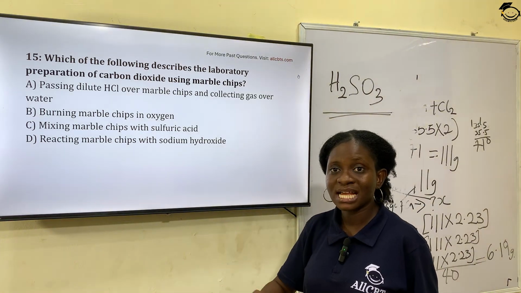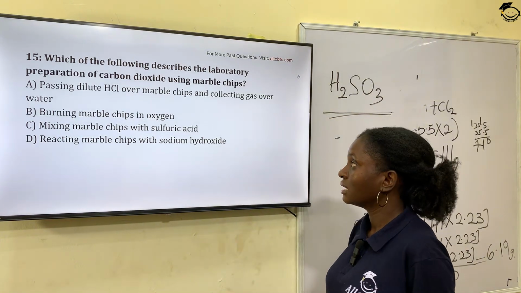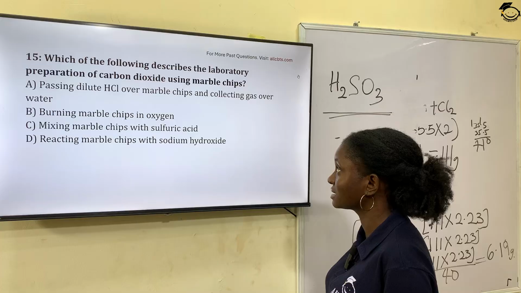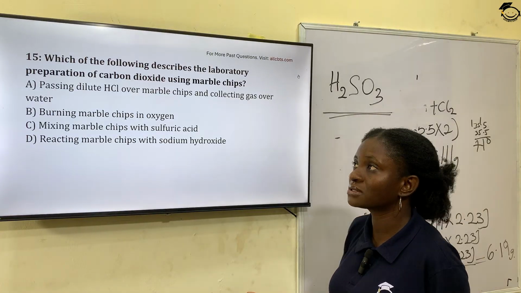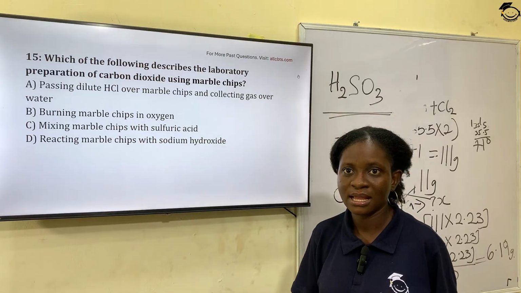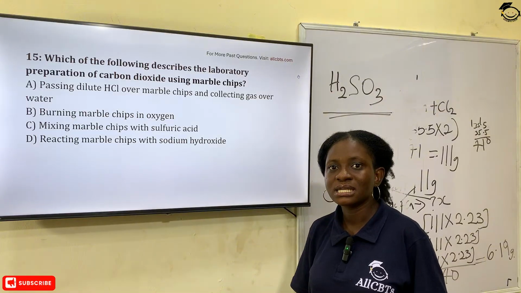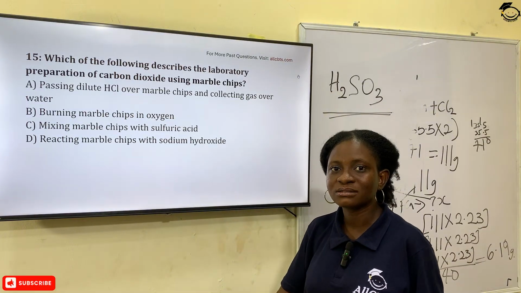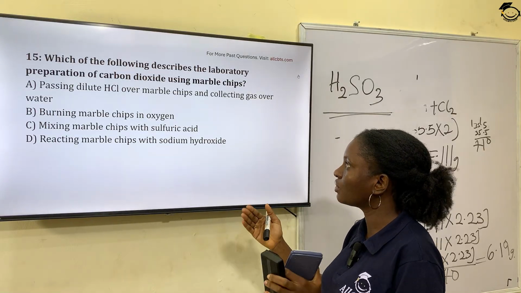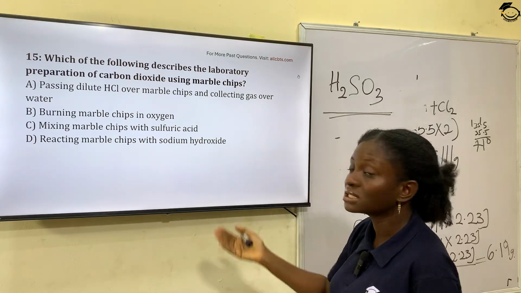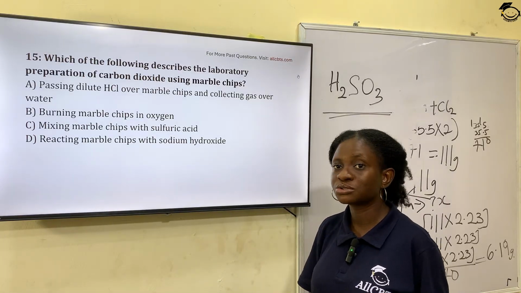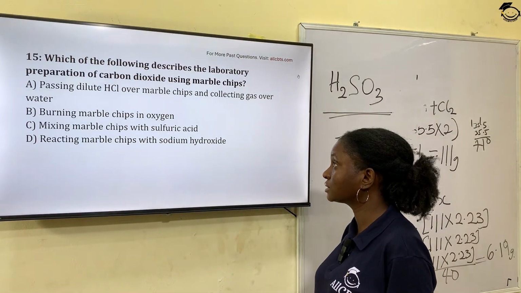The marble chips, that's calcium carbonate, react with HCl, hydrochloric acid, and give calcium chloride and water. The final product is CO2, which is collected over water. So that's the reaction of HCl with calcium carbonate, which gives calcium chloride, H2O, and CO2.